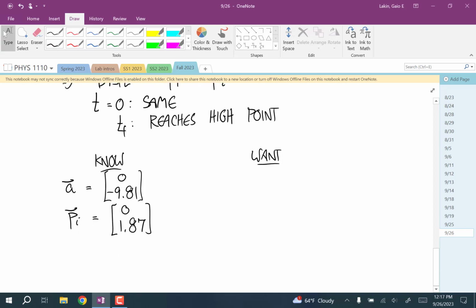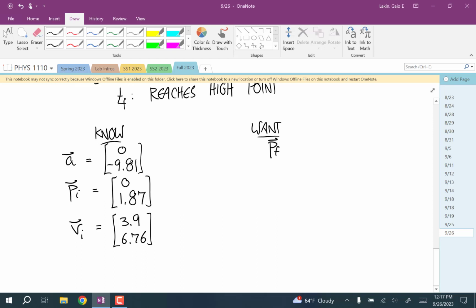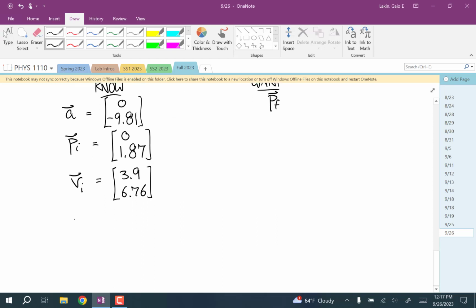P final, we don't know anything about, and we're trying to calculate both of those components. V initial is the same as it was, so that was 3.9, 6.76. And then we've been waiting all this time to say this thing we know, VFY is equal to 0, okay?